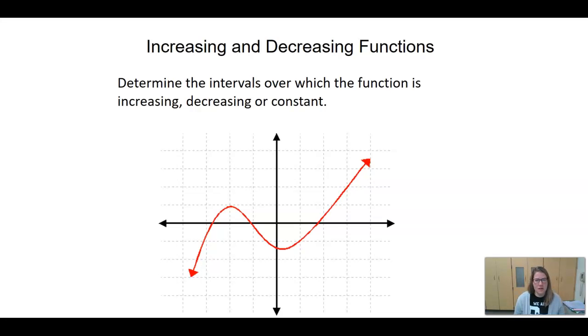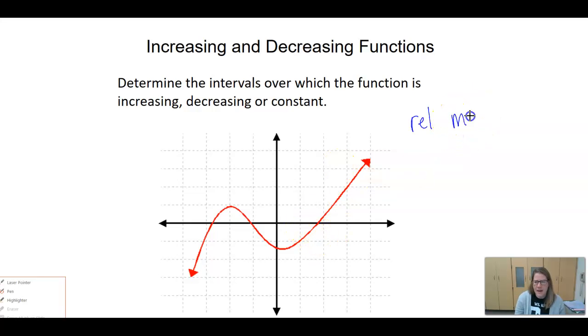Hi guys, so this is just a real quick video to show you what relative max and relative min are. When we're looking at functions on a graph, relative max and relative min refer to points that are higher than those right around it or points that are lower than those right around it.